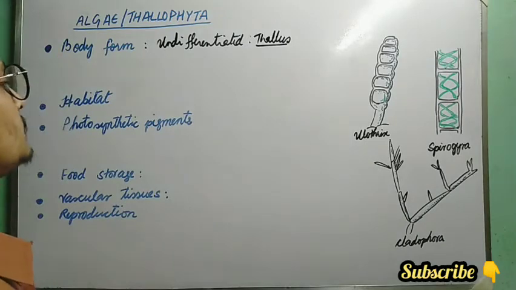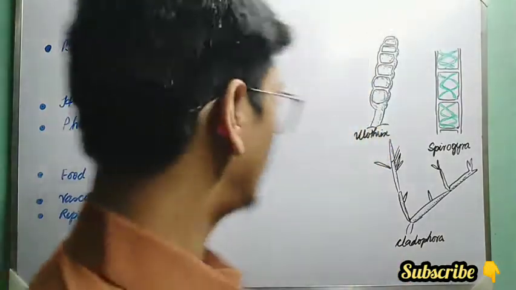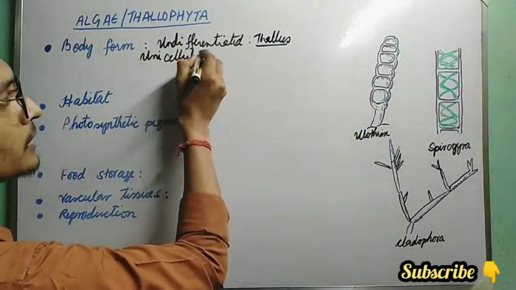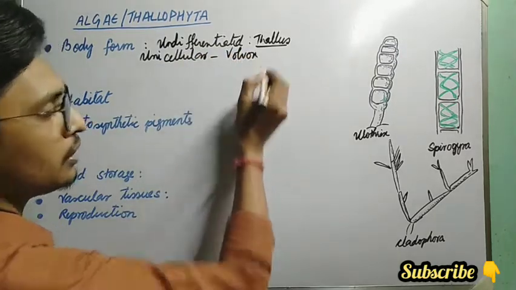And now sometimes they can occur solitary, that is they may be unicellular, such as Volvox.